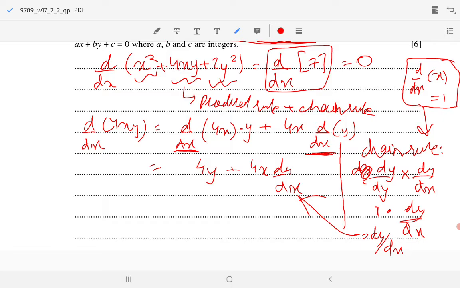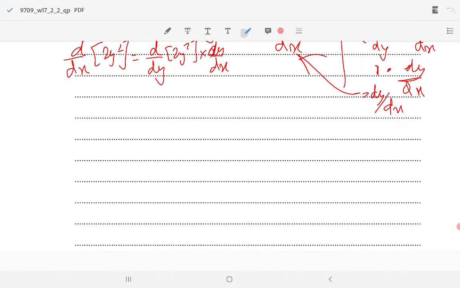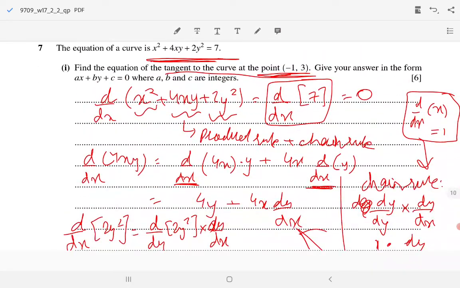Now coming to 2y squared, we'll use the chain rule. The derivative of 2y squared with respect to y multiplied by dy by dx gives us 4y dy dx. Now we just put the whole thing together. The derivative of x squared is 2x.